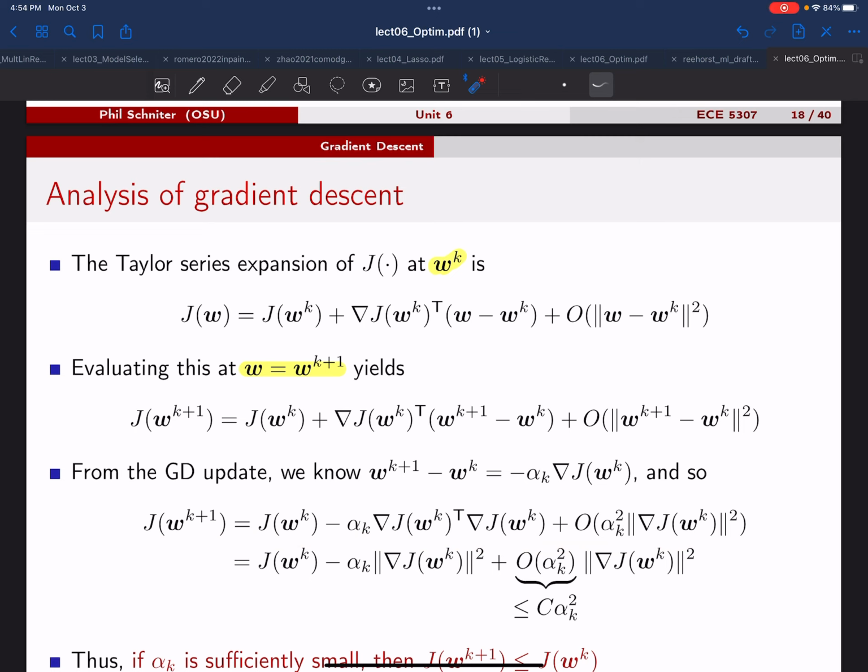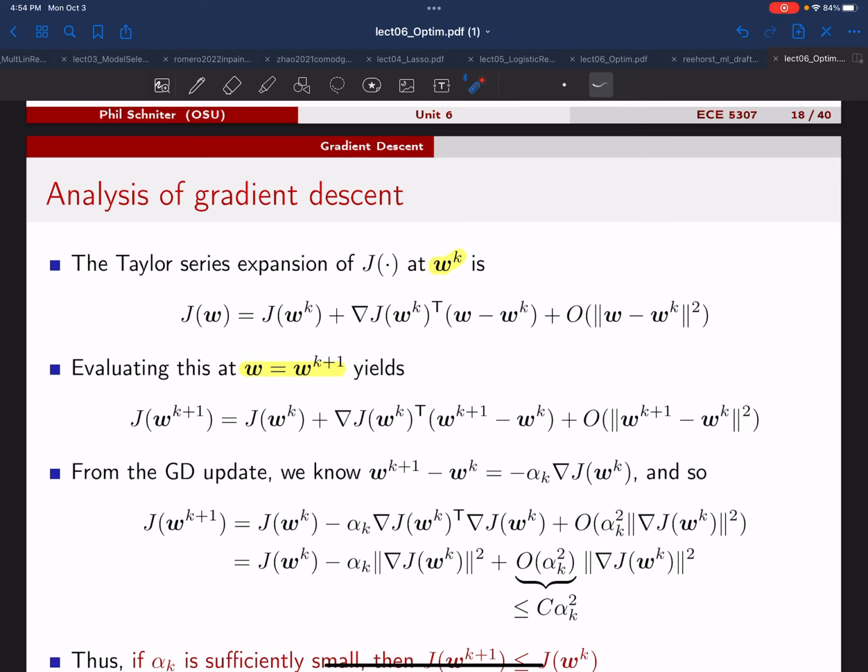Let's realize that this vector transpose itself is just the Euclidean norm squared. So here we have this term and this term are actually identical. And we've done one other little thing: we pulled this norm out of this order expression. And we do that mainly just for conceptual reasons.